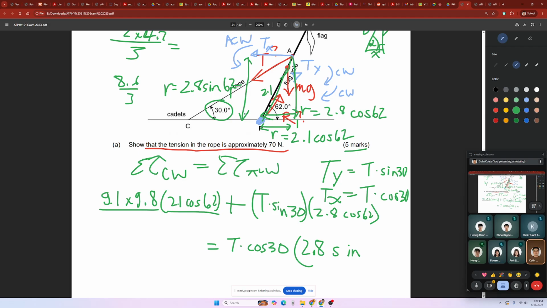You'll notice the angles are different because it depends on where it's located on the pole, which is based on that angle. And then the tension component is based on the angle of the rope, okay? So that's why it has to be different. Is everybody good with that? Good so far?